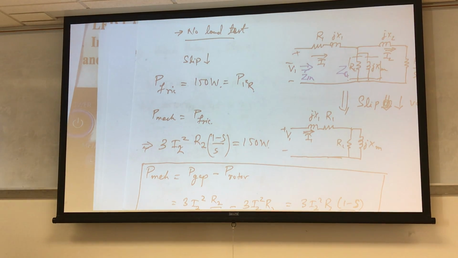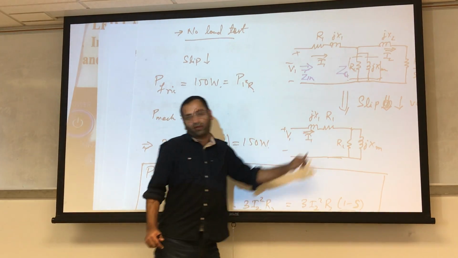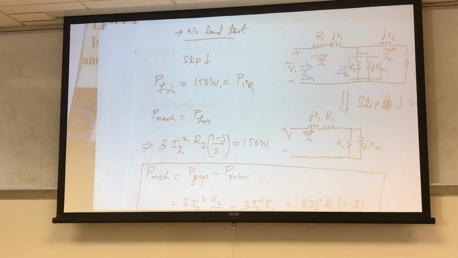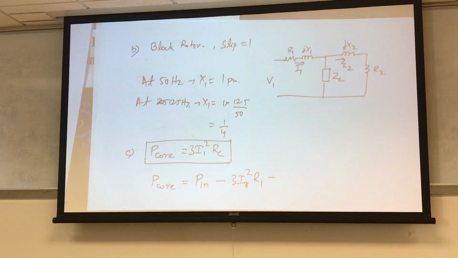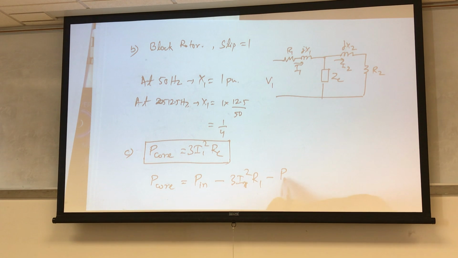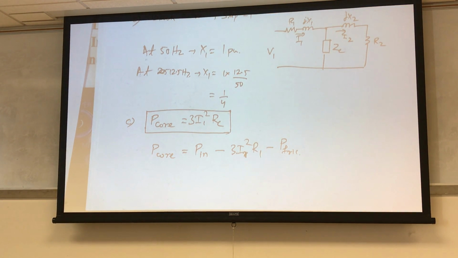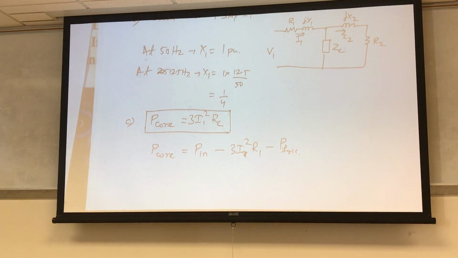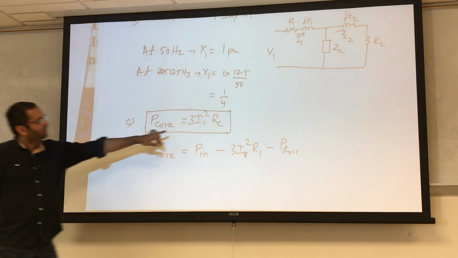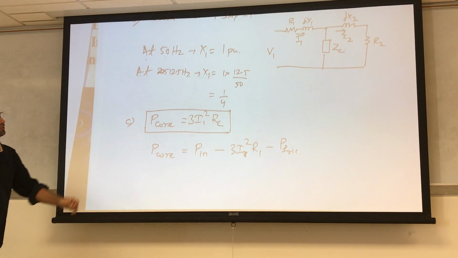So this is the stator copper loss, which is I1 square R1, and then minus the frictional loss, which is given in the question as P friction. Once you find this, you'll find the core loss. So once you have the core loss, you can easily find RC and also X1.